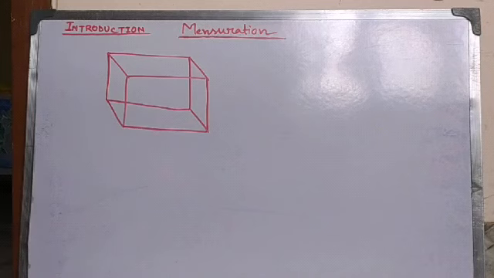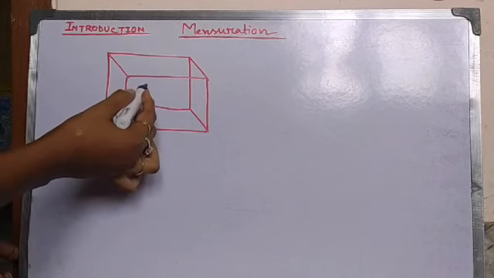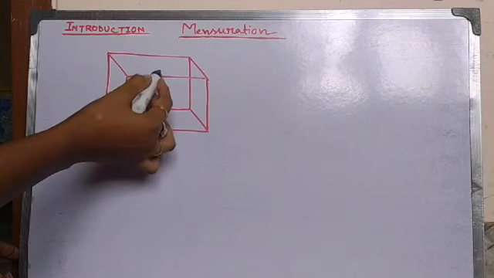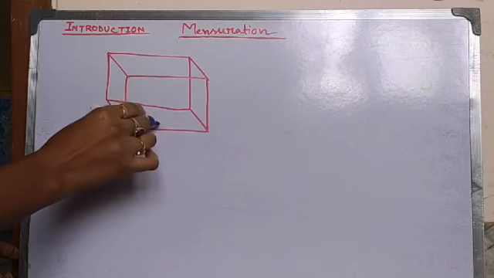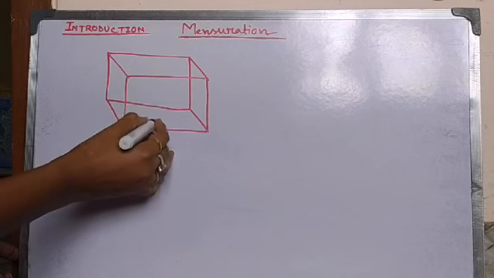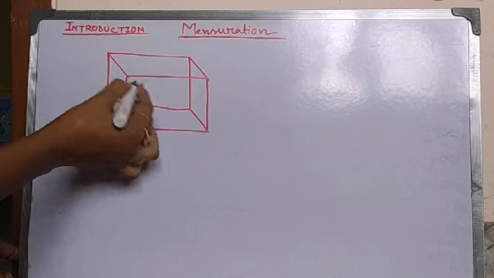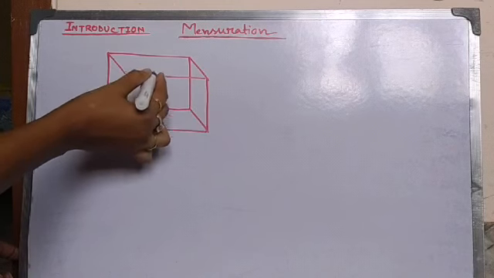Now I will discuss the area of the four walls of a room. A room looks like a cuboid. A cuboid has 6 surfaces. The upper one is the ceiling, the bottom surface is the floor, and these are the 4 walls. These are the side walls, and this is the front and that is the back wall.